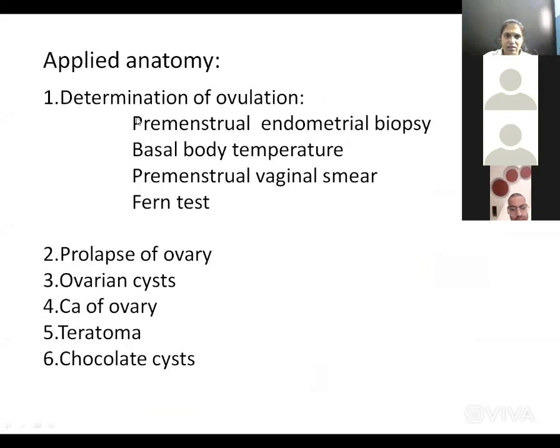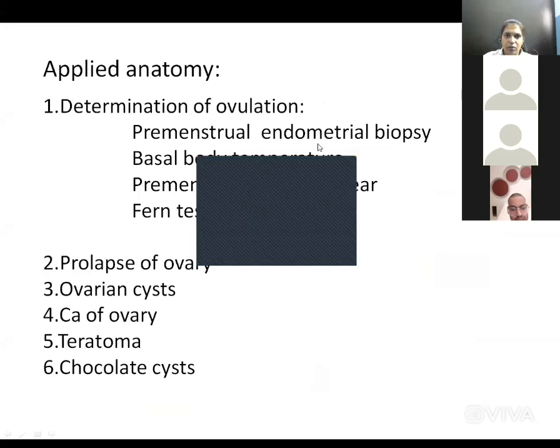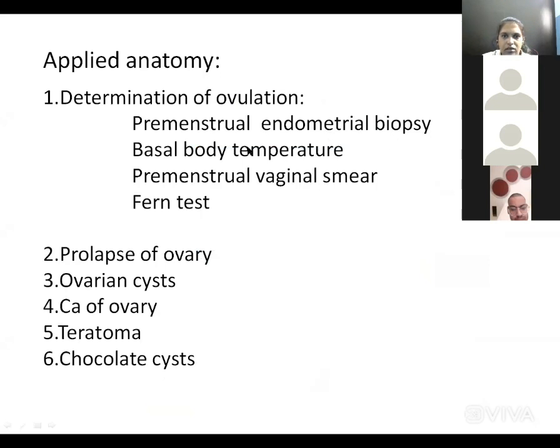Ovulation. So, how will you determine whether ovulation has occurred or not? There are different tests. First one is premenstrual endometrial biopsy. Premenstrual means before menstruation. Endometrial biopsy is done where the endometrial tissue is taken and studied histologically, where the secretory phase of endometrium is seen.